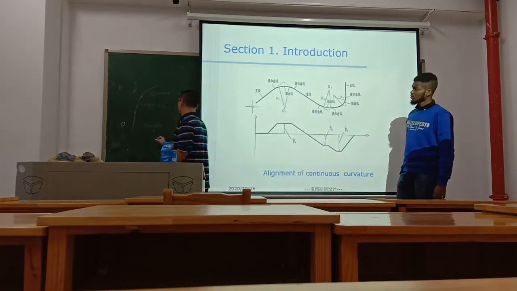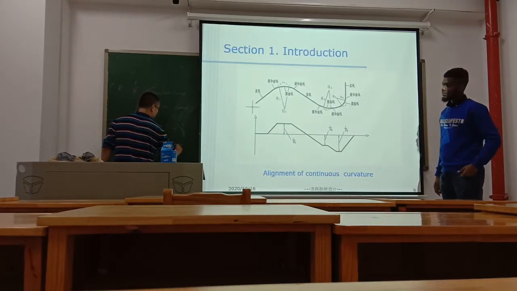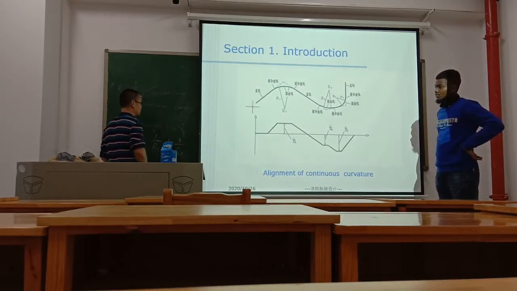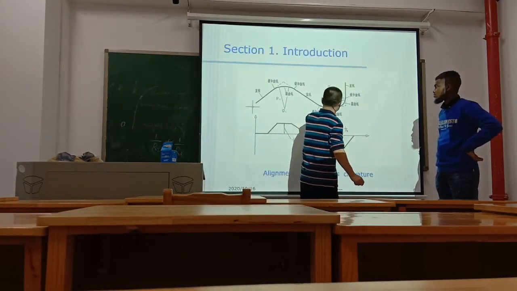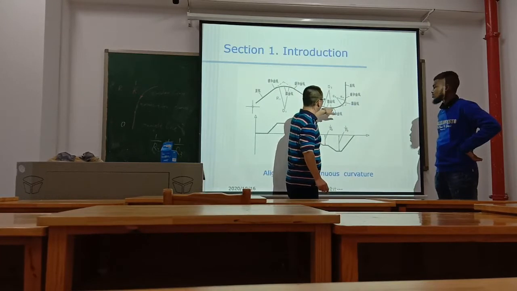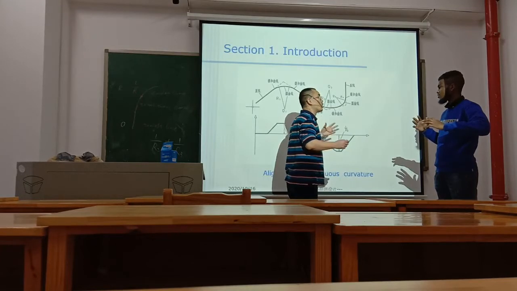So, if there is no transition curve between the two circular curves, the curvature is not continuous.